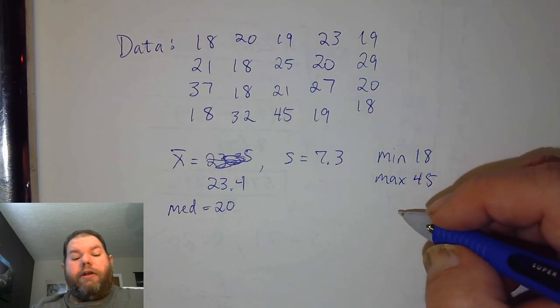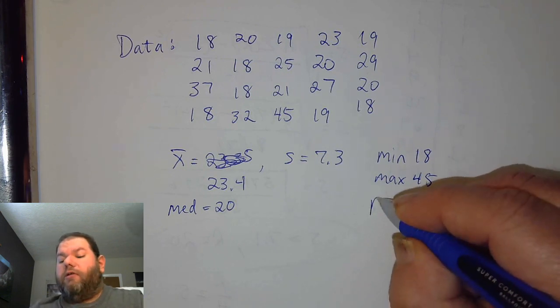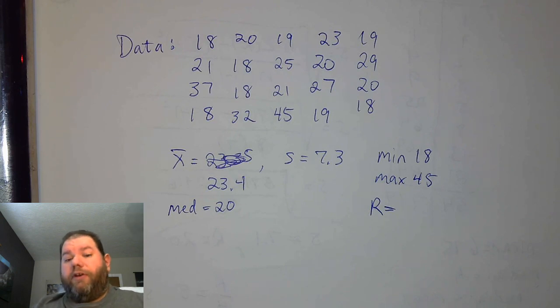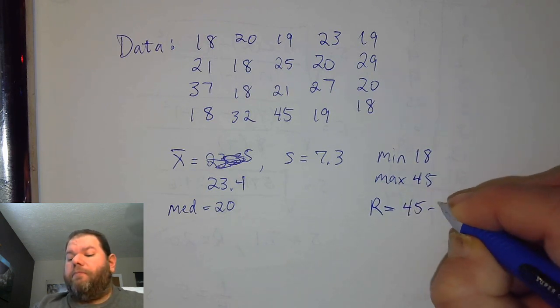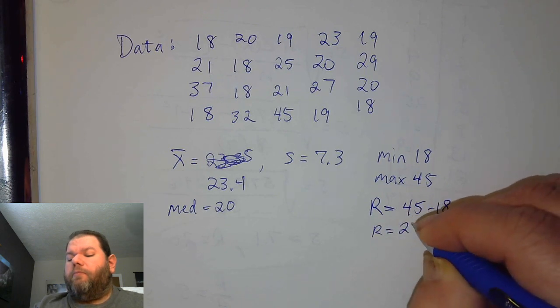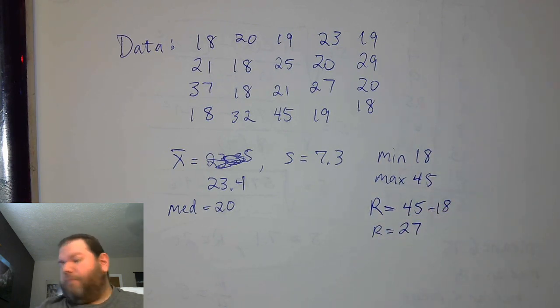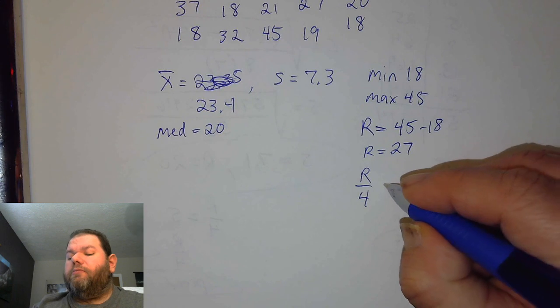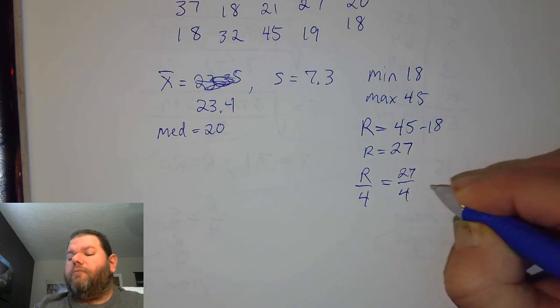So what's our range? Range is 27. And then what is the range divided by 4? Well, let's see.